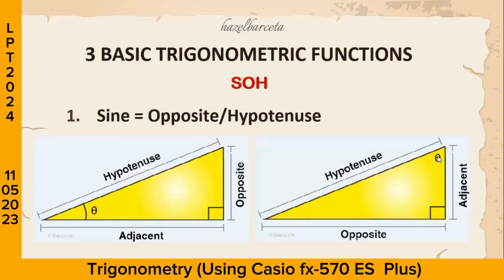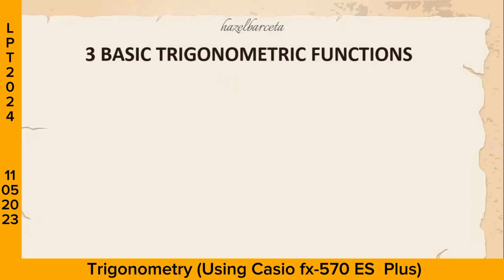Considering this angle, ang nasa kabila niya po ay opposite at ang katabi niya ay adjacent. So, that's it. Katabi ng ating angle ay adjacent, ang katapat naman ay opposite side. Okay, and the hypotenuse, siya pa rin po yun, ang ating nakasulan, which is the longest side. Again, sine theta or sine function is equal to opposite side over hypotenuse. So, SOH.